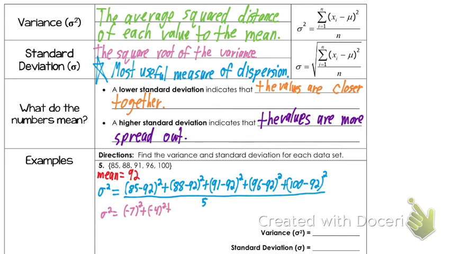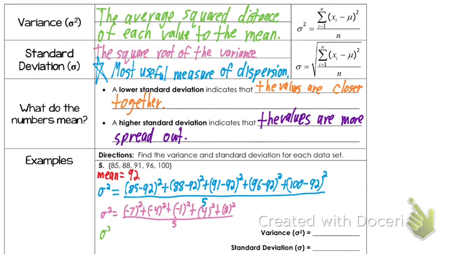The next one, 91 minus 92. Negative 1 being squared. Plus, Aiden, you need to write this down. 96 minus 92. 4, being squared. Next one, 100 minus 92. This is also the last one. 8 being squared. All over 5.